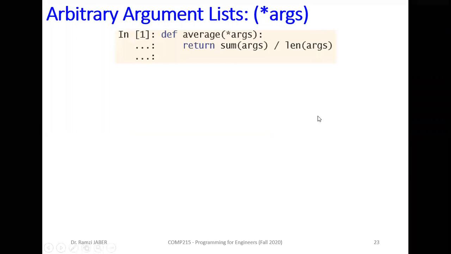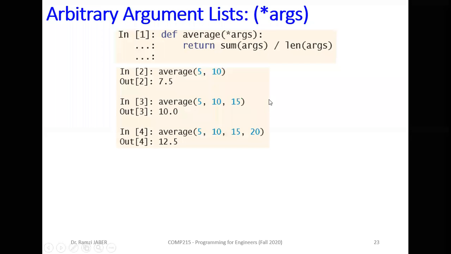So there is a syntax here called star args, star arguments. If we define our function like this example, define average between parentheses star args, return sum of args, as you type it, divided by length of args.